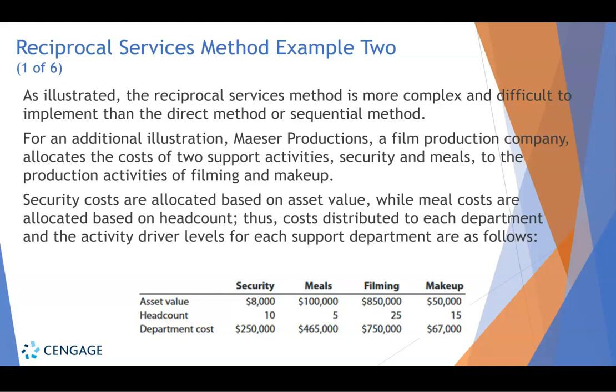Security costs are allocated based on asset value, while meal costs are allocated based on headcount. Thus, costs distributed to each department and the activity driver levels for each support department are shown. So we've got the asset values for security, meals, filming, and makeup, the headcount, and the department costs.